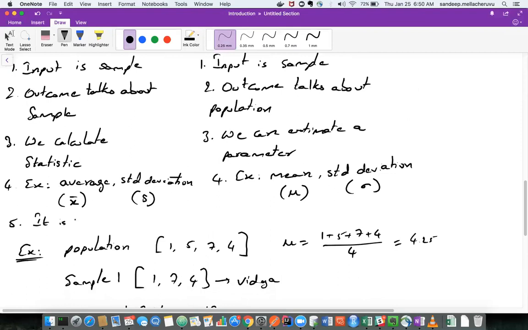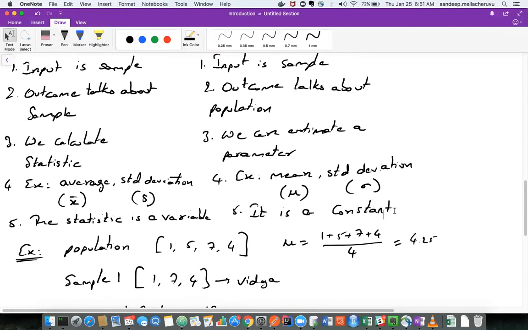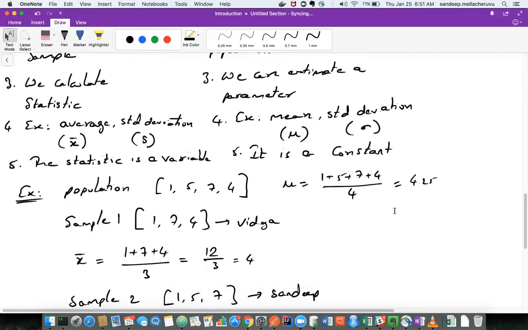The statistic is a variable, and here the parameter is a constant. Any questions on this constant or variable business?